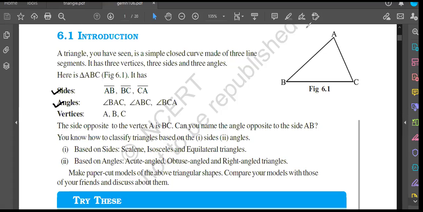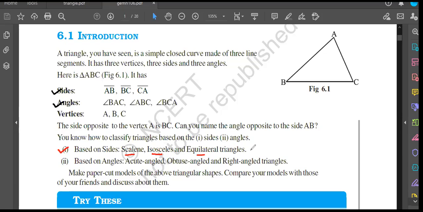So see this. First, based on sides, we have three types of triangles: scalene, isosceles, equilateral. I hope all of you have studied these things in junior classes and all of you remember. If all three sides of a triangle are equal, then it is called equilateral.